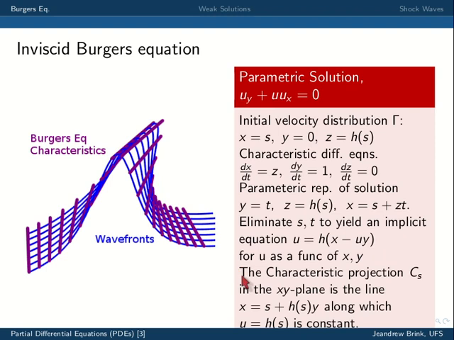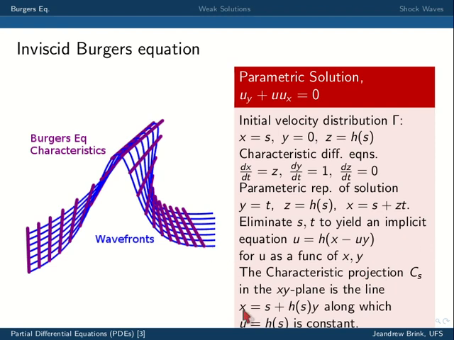I basically drew the characteristics first, and before I even drew the characteristics, I drew the characteristic projection, namely the projection of one of these curves into the xy plane. Simply shine a light from above; the characteristic projection is what the curve looks like if you put it on the xy plane.